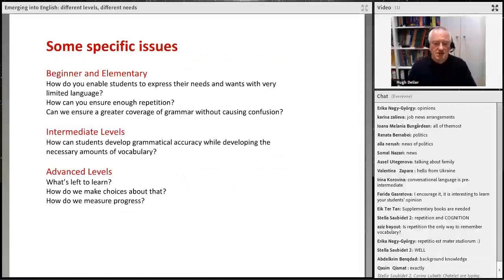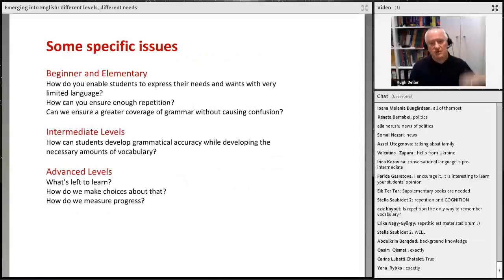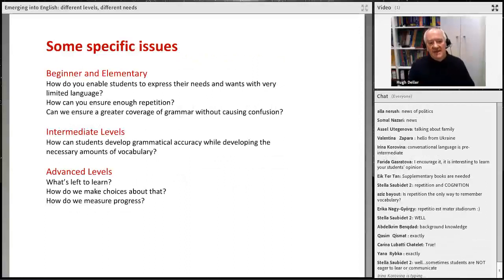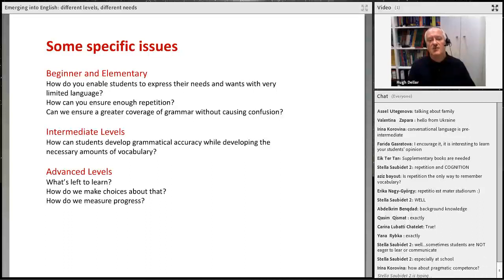So this brings us, I think, to some specific issues that I'm going to go on to address. At beginner levels and elementary levels, how can we help students to express their needs and wants, but to do it with just enough English, with very limited language? How can we ensure repetition? And can we try to make sure that there's a greater coverage of grammar without causing confusion?